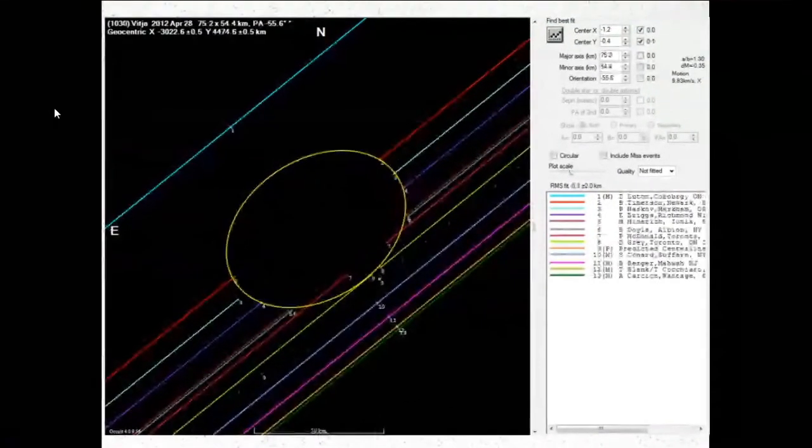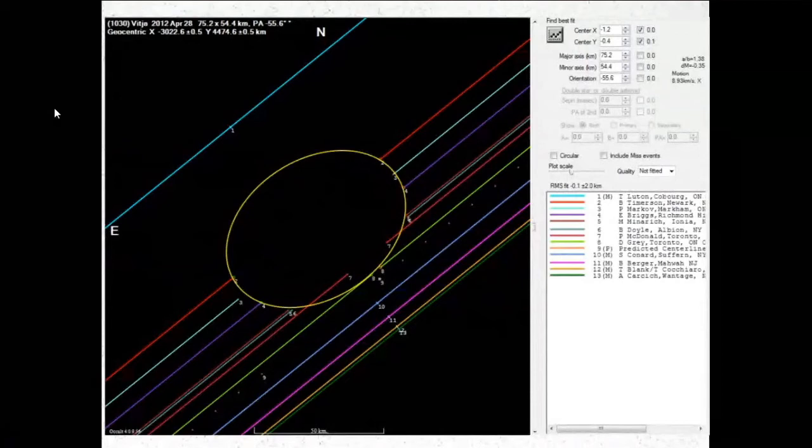Here's another example. This is 1030 Vitjazja's occultation on April 28th, 2012. Again, the dotted line was the predicted centerline path, and you can see that that's where most of the observers were centered. I'm the one pale blue line up in the upper left. And what you see here is the asteroid shifted northwards.